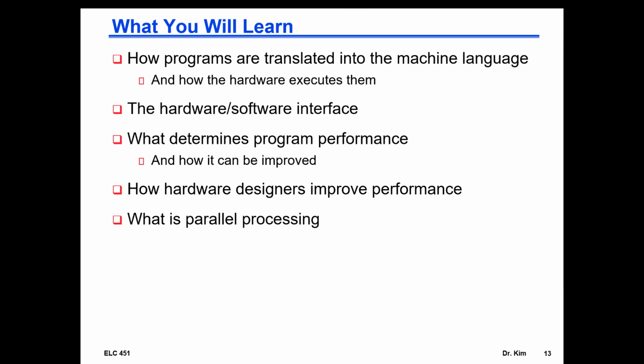And of course, to improve performance, we need to know how to measure it. So we're going to define what performance is in a very formal way. And then we're going to define methodologies for measuring performance and tools for doing that.